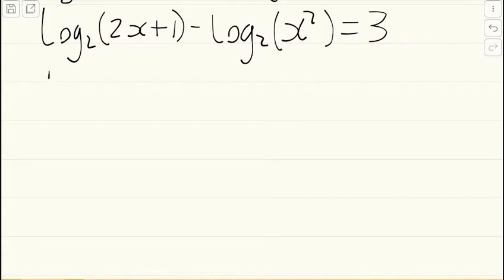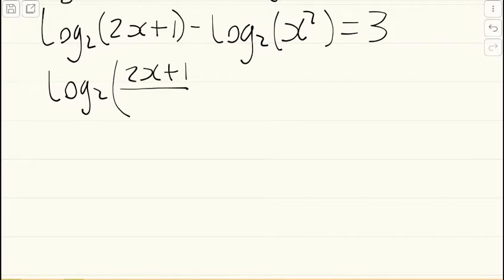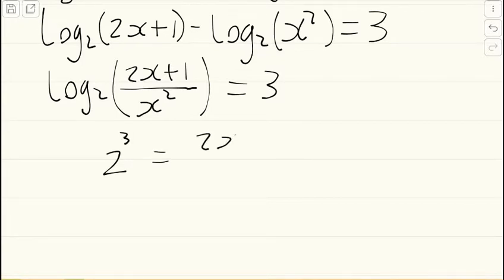So I get log to the base 2 of 2x plus 1 all over x squared is equal to 3. To get from the base 2 to 2x plus 1 over x squared, I have to raise it to the power of 3. So I write that as 2 to the power of 3, which equals 2x plus 1 over x squared.